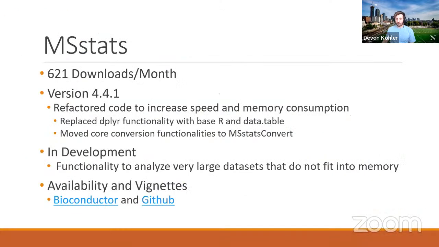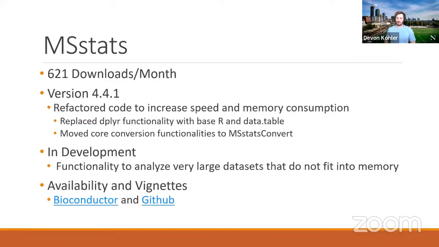Okay, so first let's go through MSstats. Let's just start with the downloads. Over the past year, we've seen 621 downloads per month for MSstats. The current version is version 4.41, and this includes some refactored code, which was actually implemented previously, but I just want to go over it because it did increase the speed and decrease the memory consumption of the package.